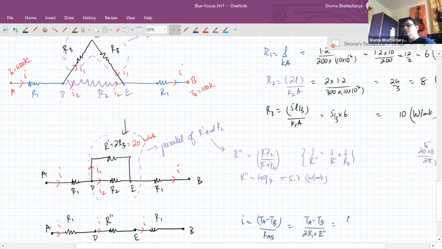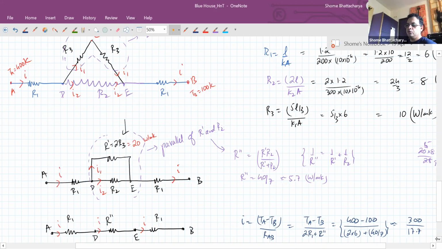So that is 400 minus 100 divided by, now R1 was 6 as you can see above, so 2 into 6 plus this R double prime, 40 by 7. So this is approximately 300 divided by 17.7.